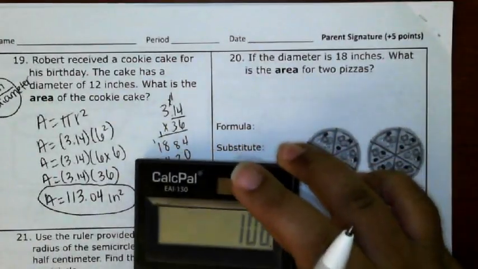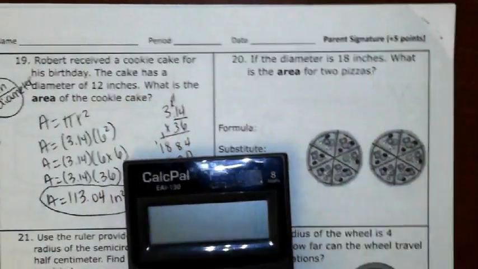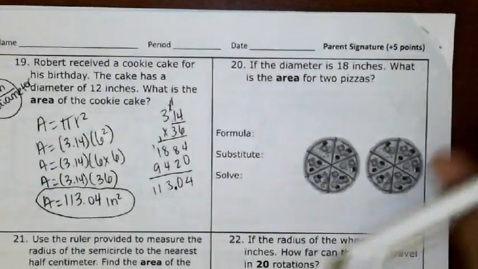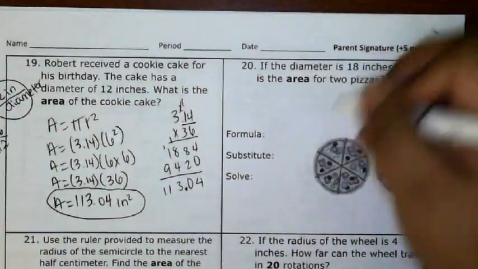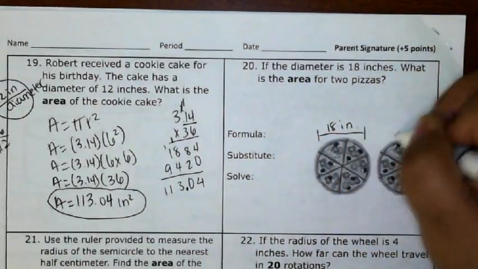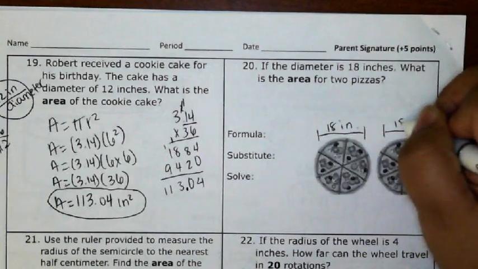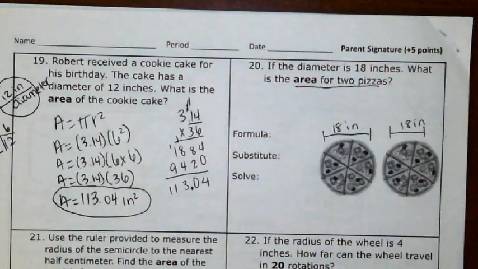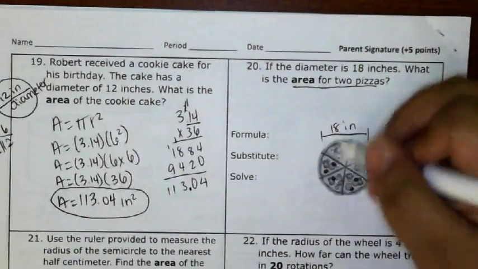Okay, if the diameter is 18 inches, so both of these have a diameter of 18 inches. We are trying to find the area of both. Again, this is similar to another one that we did where we had the two wheels. I'm going to find the area of one and then multiply it by 2. Okay, so area is equal to pi r squared.